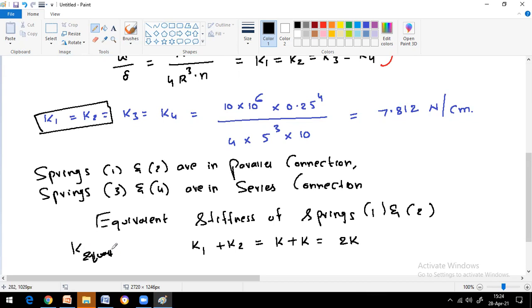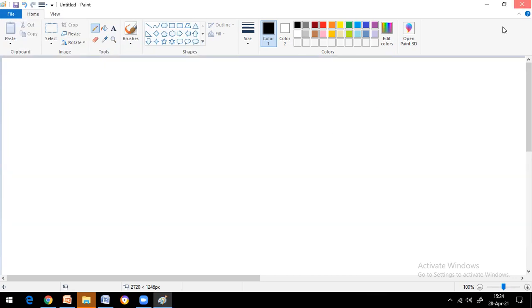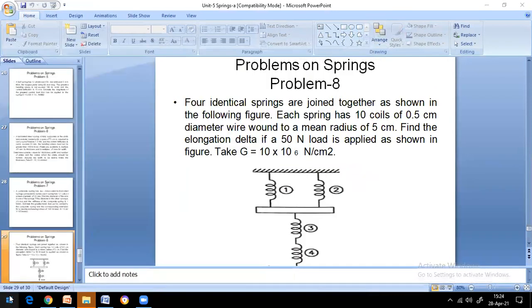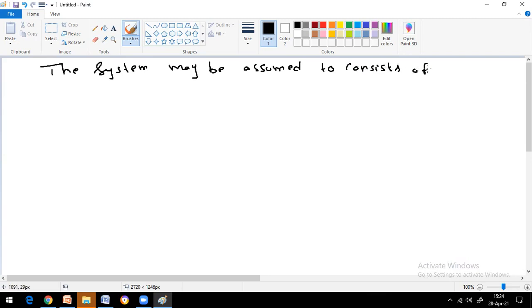Right, so this is 2 times K. Now let's see the system. The system may be assumed to consist of 3 springs in series.